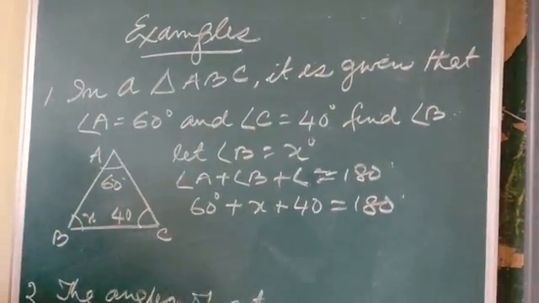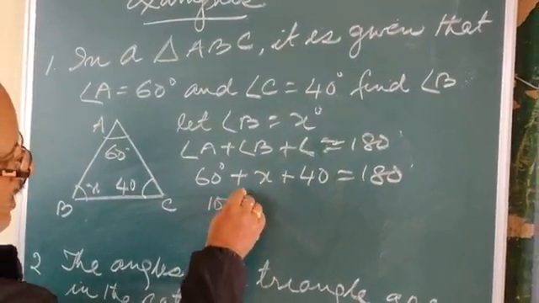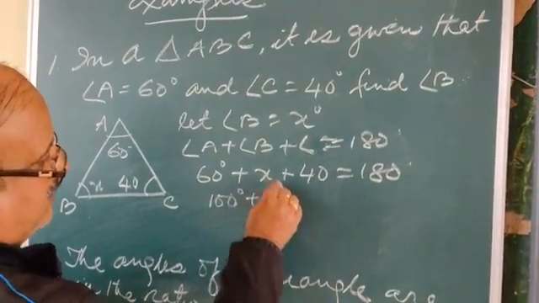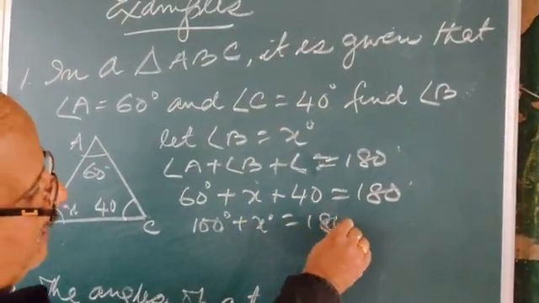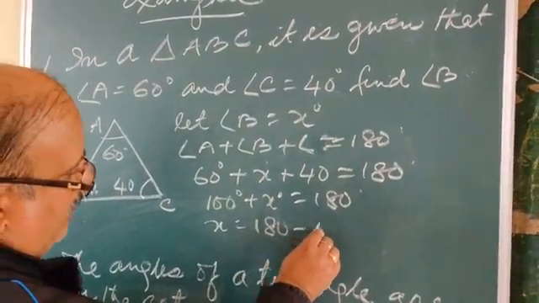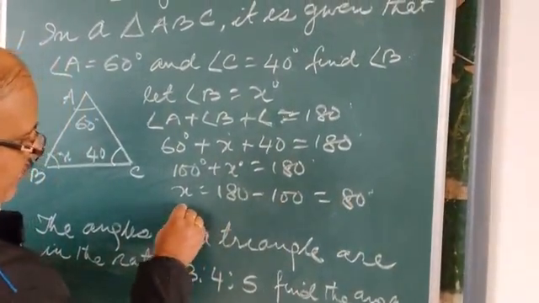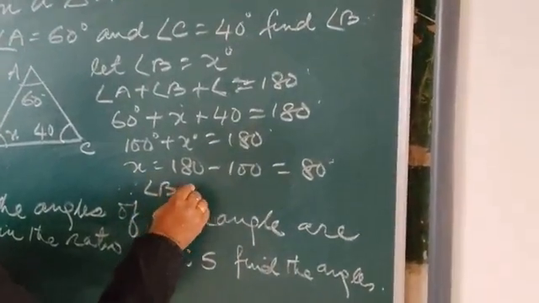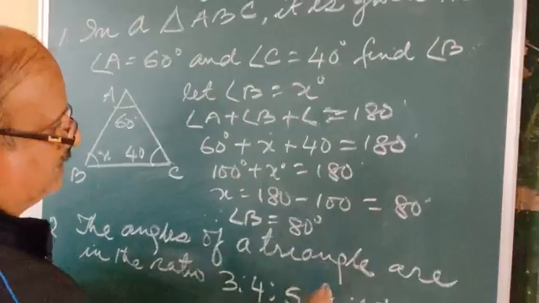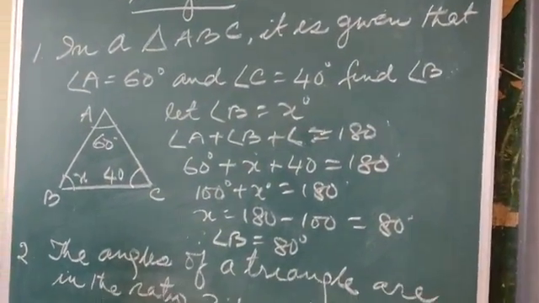So 60 plus 40 is 100. 100 degree plus x degree is equal to 180 degree. Therefore, x is equal to 180 minus 100, which is 80 degree. So angle B is equal to 80 degree. So the first one is clear.